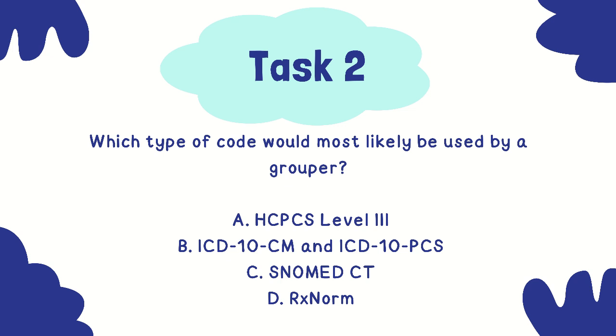HCPCS level 3 was deleted, I want to say 2010, it's been a while. We no longer have them. We only have level 1, which is CPT, and level 2, which are the HCPCS or national codes. So the correct answer is B, ICD-10-CM and PCS.